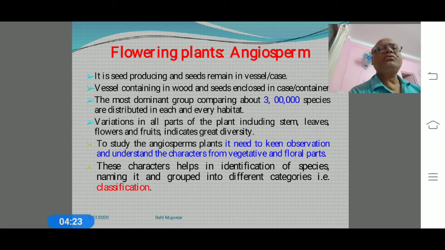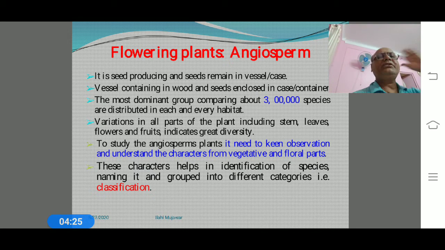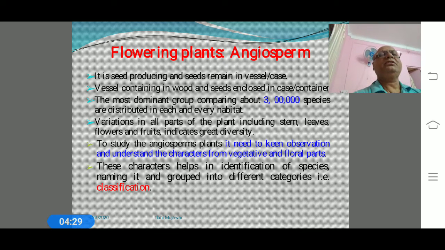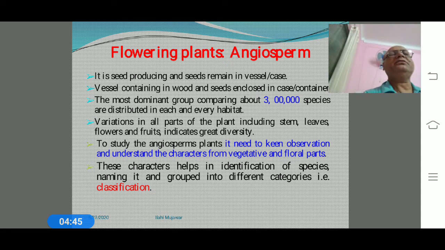To study the angiosperm plants, it needs keen observation and understanding of the characteristics, these characters from the vegetative parts as well as floral parts, and these characters help in identification of the species. Say for example, how do we identify the plants?